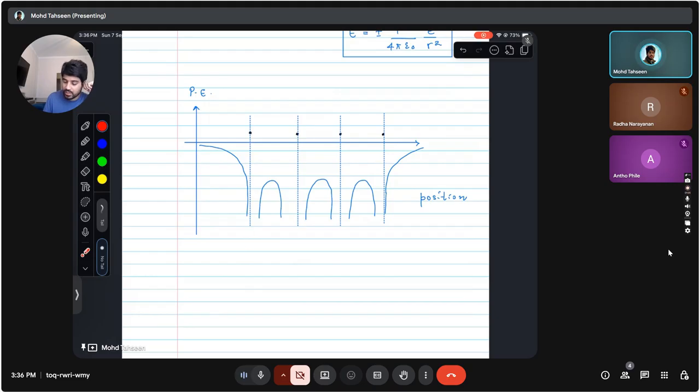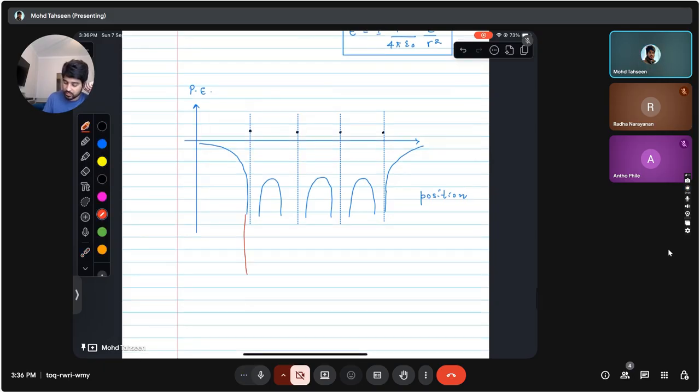Where the wells are exactly these points where this would meet. For example, if this were to meet here, it would form some kind of well here, right? That's why it's called a potential well diagram. And similarly, there are wells. So basically, wells represent the most stable configuration state.